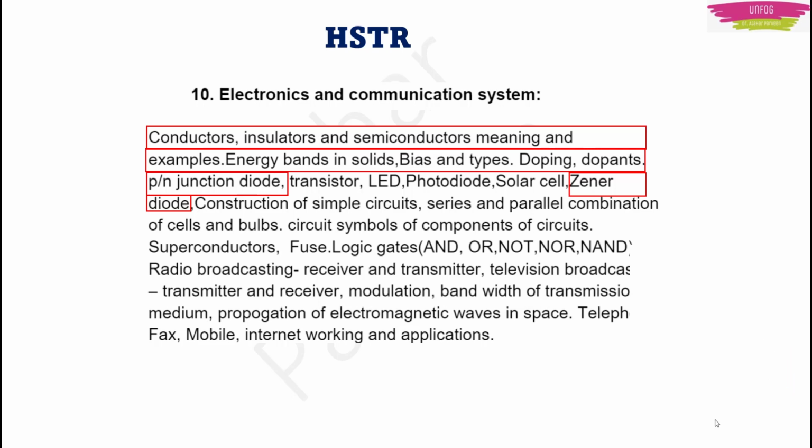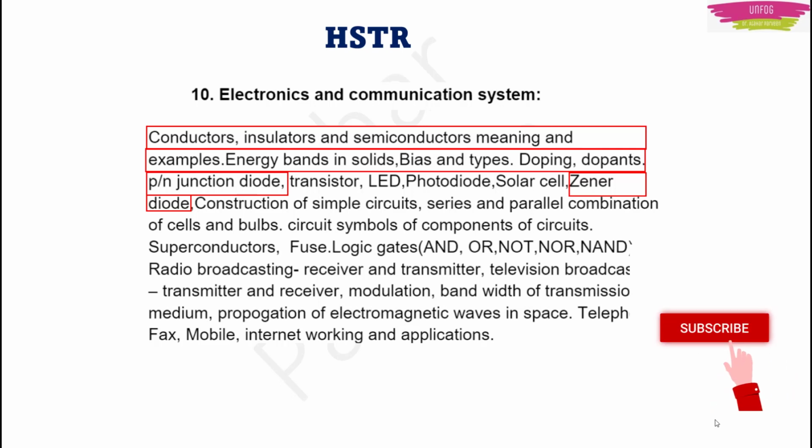If you have not watched the first part of this series, then please stop this video now, pause it, go back to the first video of this series and watch it first. Because in that video, I have explained thoroughly everything about electronics introduction, conductors, insulators, energy bands, forward and reverse bias, doping, dopants, and all about the PN junction diode.